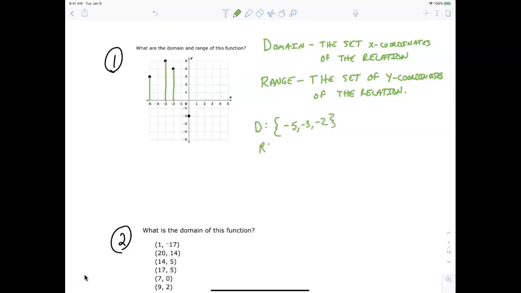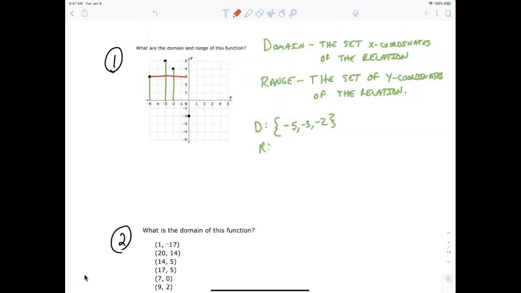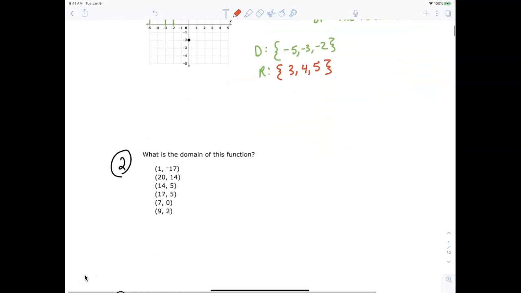The range then is the y values, so you would look at the y axis. And we say the lowest is 3, 4, and 5. So that's how simple the domain and range is. Now I personally like to put them in ascending order, which means the smallest to the largest, but it's definitely not necessary.